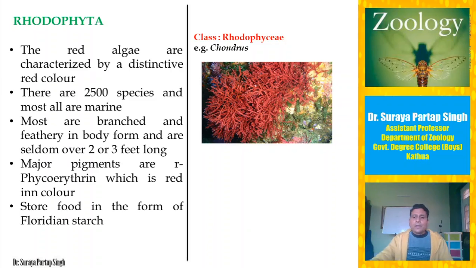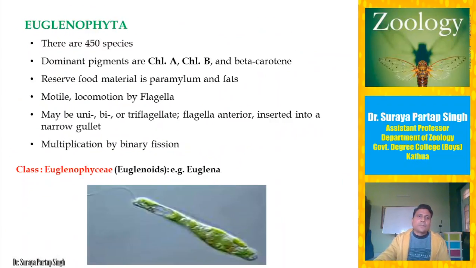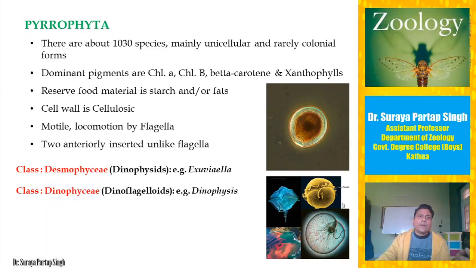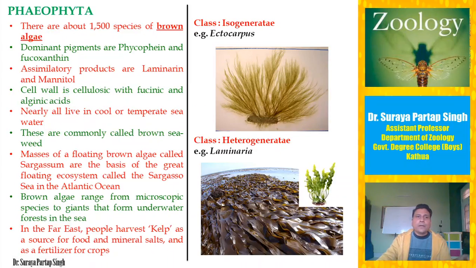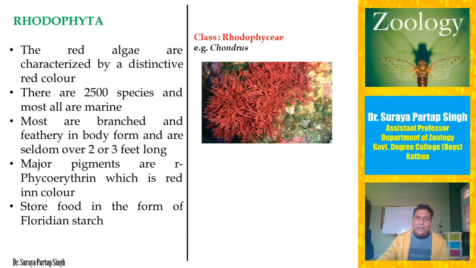If we go through it again briefly, we can say that it has 6 divisions and 11 classes. The names of the divisions, starting from the first one, are Chlorophyta, Euglenophyta, Pyrophyta, Chrysophyta, Phaeophyta, and Rhodophyta. And they have 11 different classes.